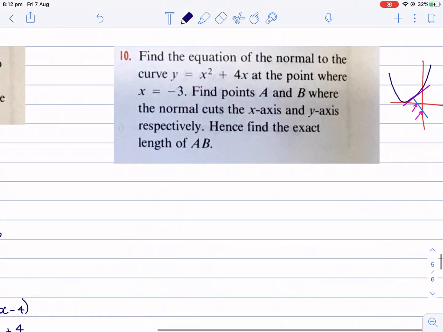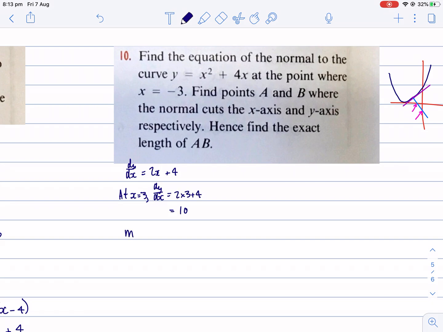So let's find the equation of the normal first. Well, we have to find the equation of the tangent to find the equation of the normal. dy/dx is 2x plus 4 at x equals 3. dy/dx equals 2 times 3 plus 4, which is 10. The gradient of the tangent is 10, so the gradient of the normal is negative 1 on 10.